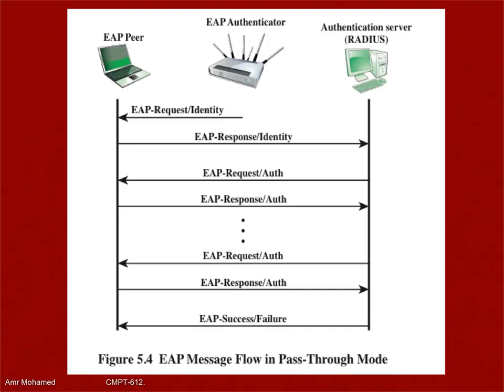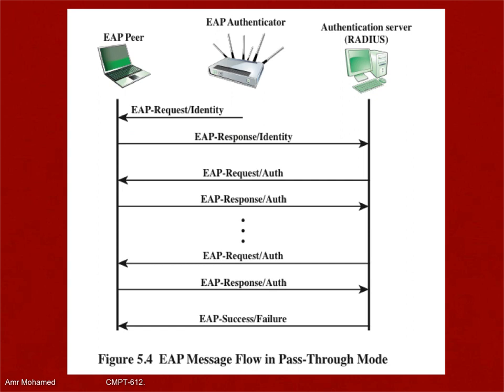So the way that this works is that the authenticator, based on the fact that we hook up the port to the wall, whether this authenticator is the access point or the switch, triggers an EAP request.